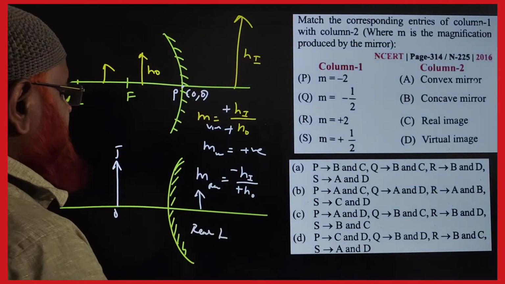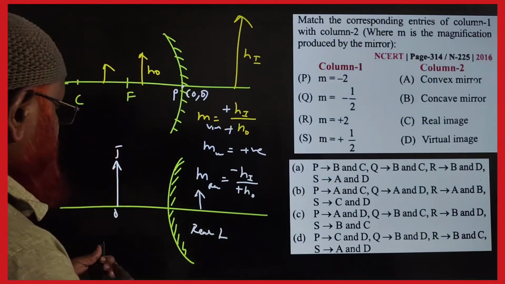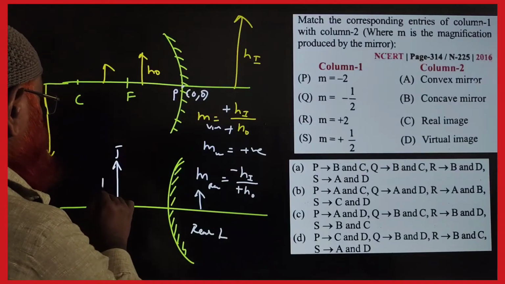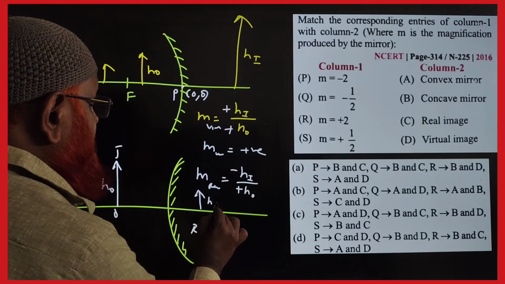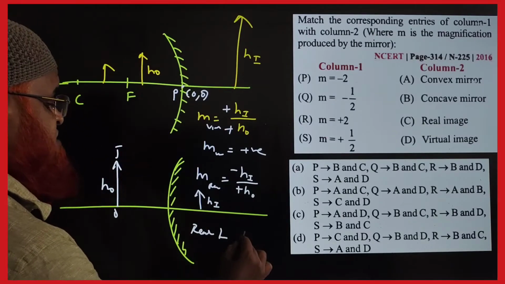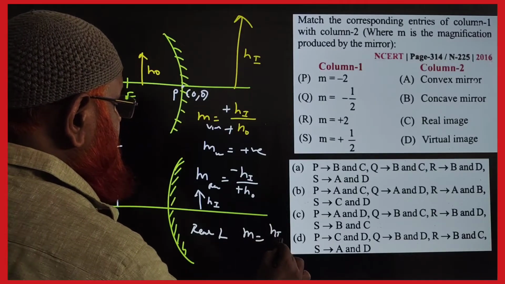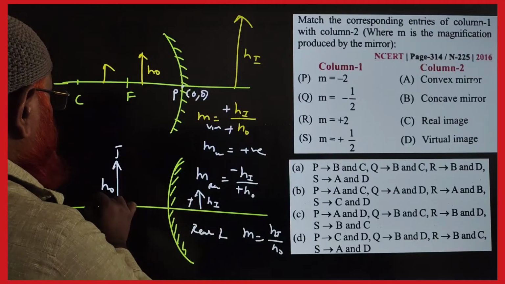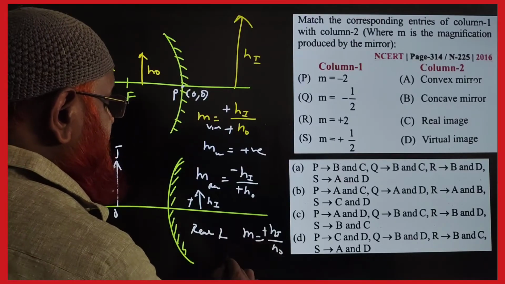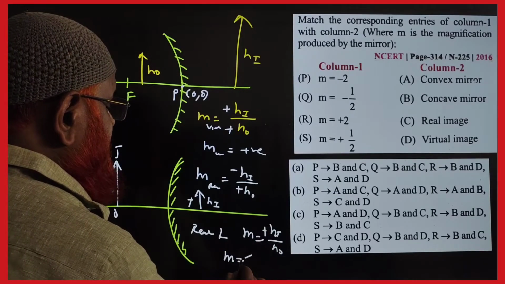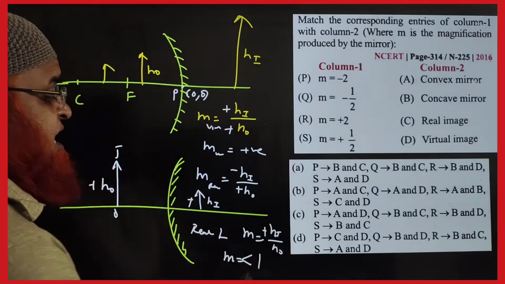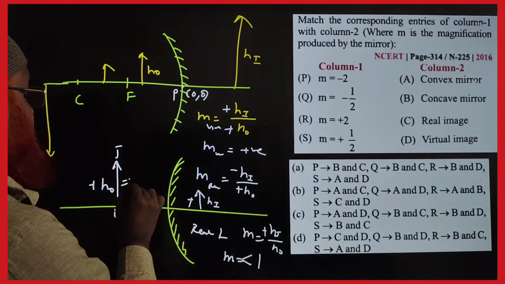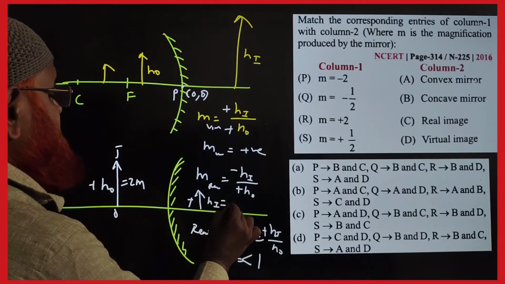So this is a convex mirror, where this is the height of an object and this is going to be the height of the image. So magnification is nothing but height of the image by height of the object. Height of the image is positive, height of the object is also positive. Magnification is positive but less than 1, because if the object is 2 meters, let us imagine the image is only 1 meter.